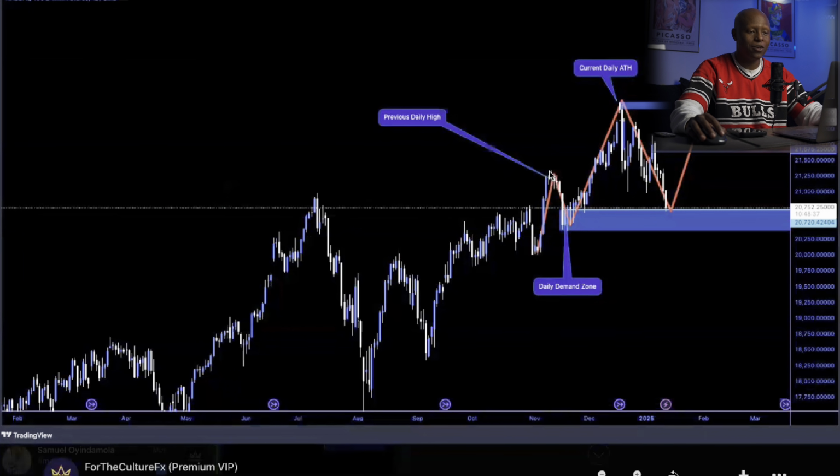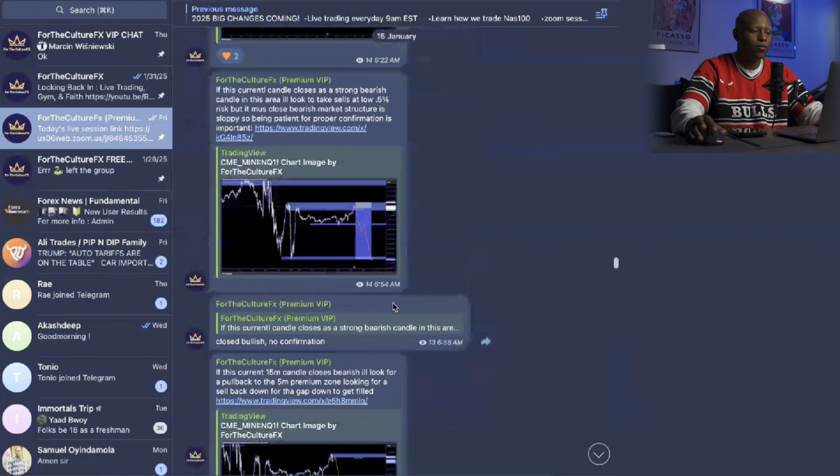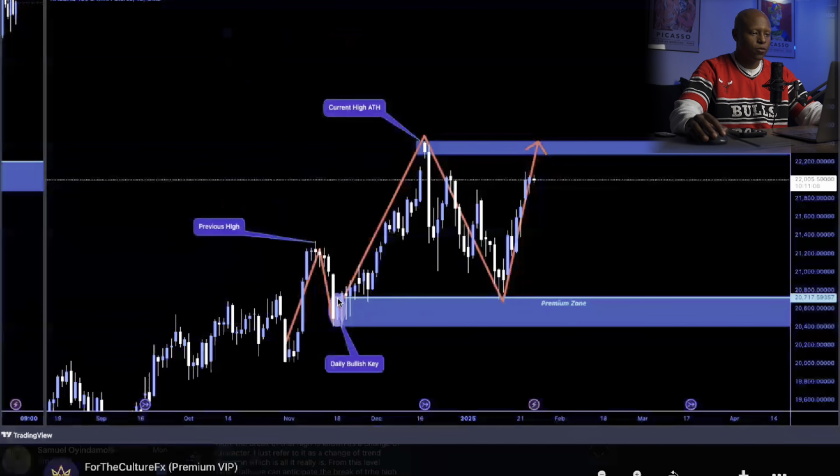We had a high get created, our daily demand zone, price pushed up and it pushed down. This was the lowest point that price had reached before we started to break for these highs and these highs here on the daily time frame. From this level here, this was the lowest point, and price then began to push up and break for these highs.